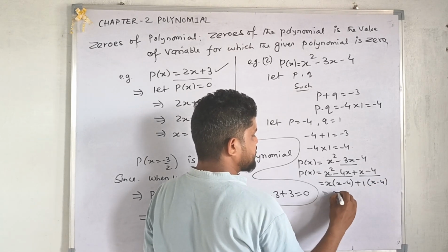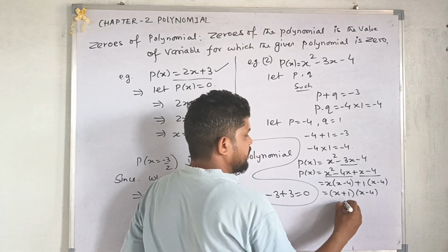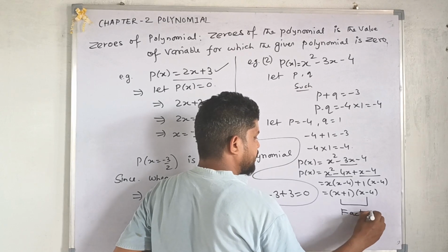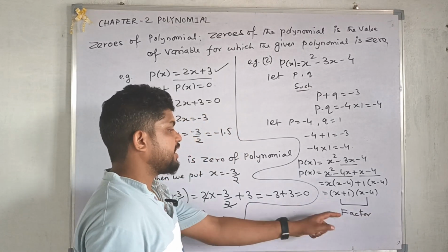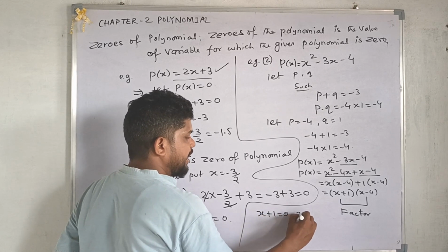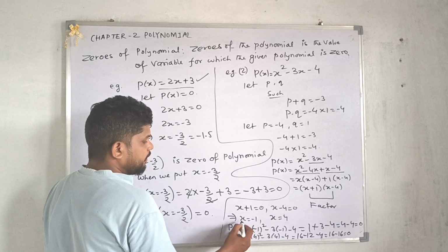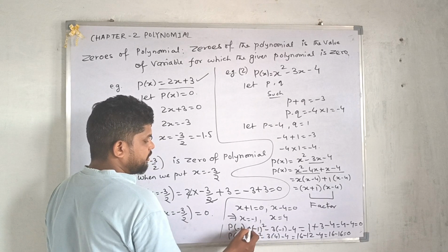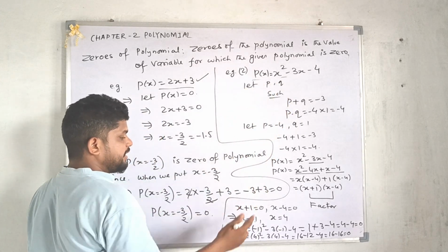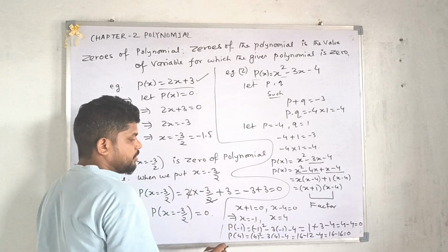So basically we get x plus 1 and x minus 4. These are known as factors. When we put each factor equal to 0, that is x plus 1 equal to 0 and x minus 4 equal to 0, we see that this polynomial is satisfied for x equal to minus 1 and x equal to 4.